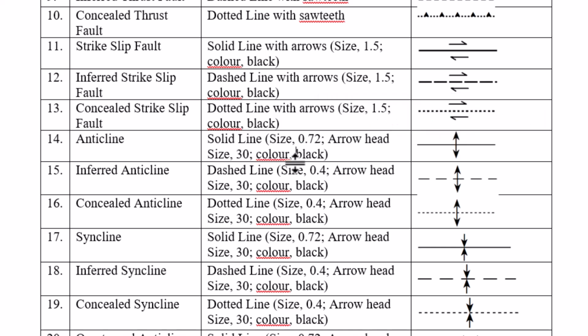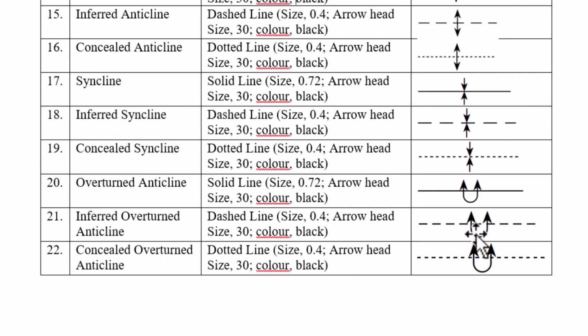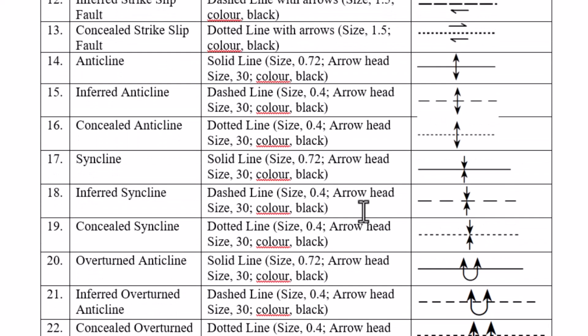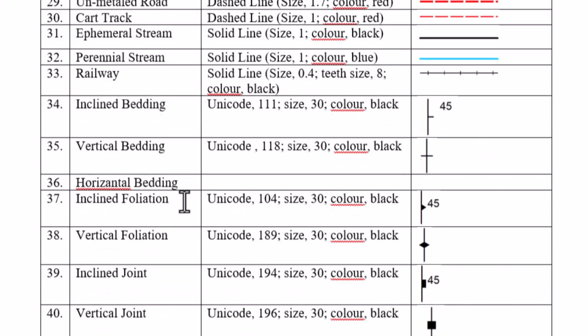We will check that in ArcGIS Pro in the symbology pane. This is for inferred anticline. All of these symbols are available within the GIS. We will access that and select for each structure. This is for the metal road, car track, like this.